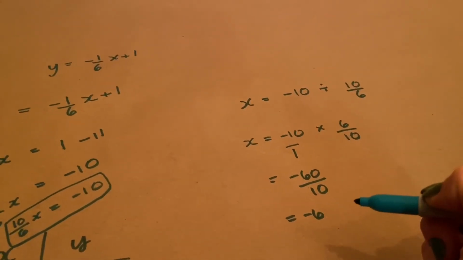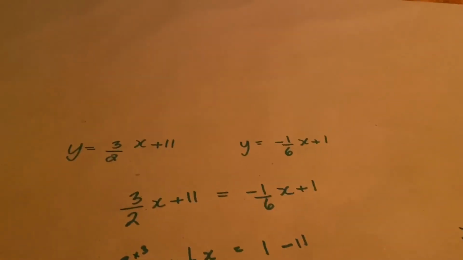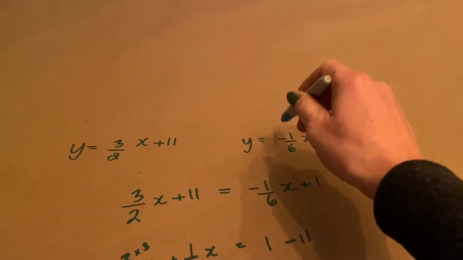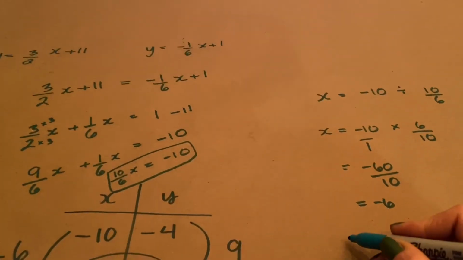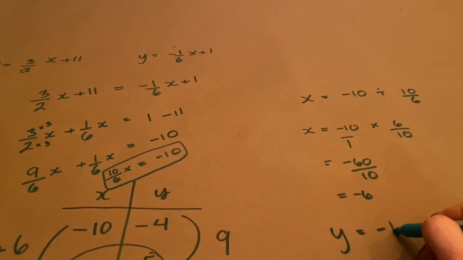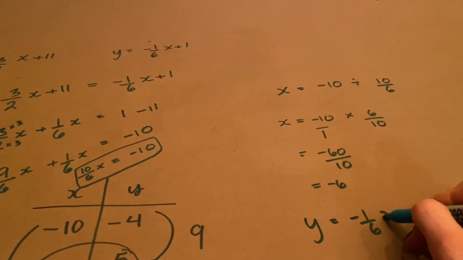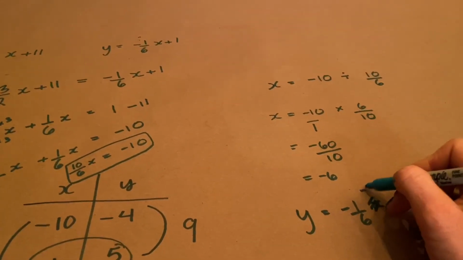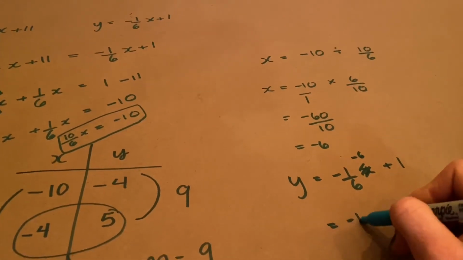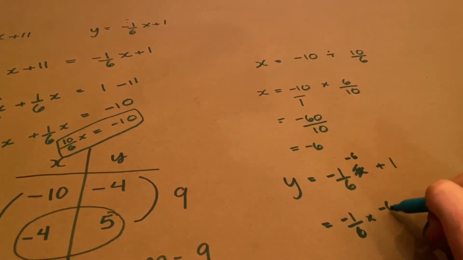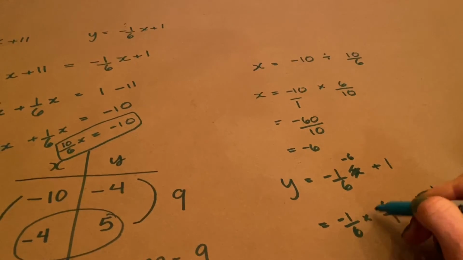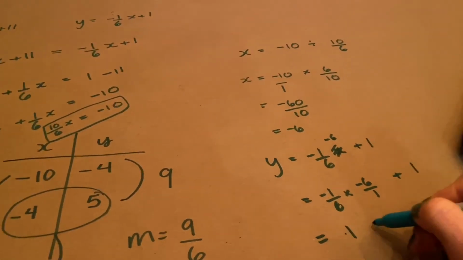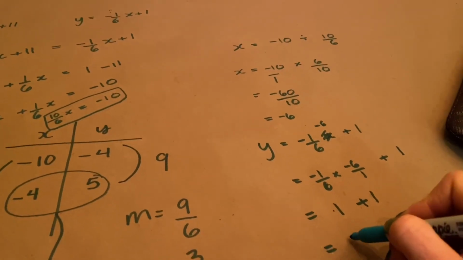Now that I have my x, I can sub that x into either one of those two equations to find my y. So let's use this equation right here. Let's go y equals negative 1 over 6 x plus 1, but I know that my x should be negative 6. So it means I have negative 1 over 6 times negative 6 over 1 plus 1. All this will cancel out and just give me 1 plus 1 is equal to 2.